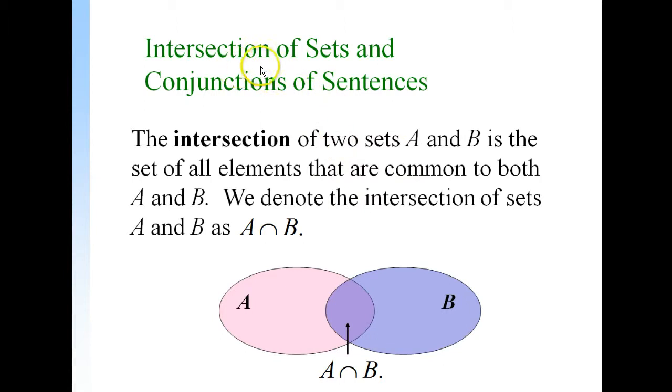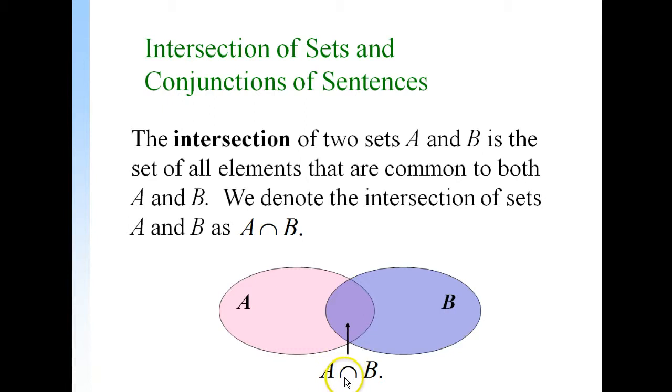Now, what is intersection of sets and conjunctions of sentences? Well, first of all, we indicate intersection when we have, let's say, an A set and a B set, and some of the members of the A set are also found in the B set, and vice versa.